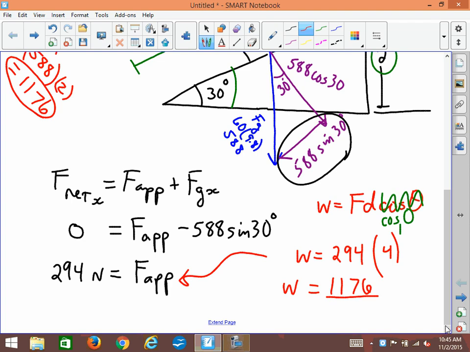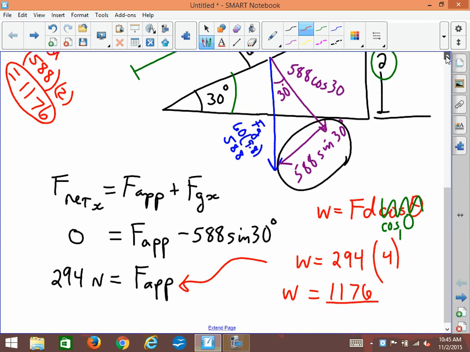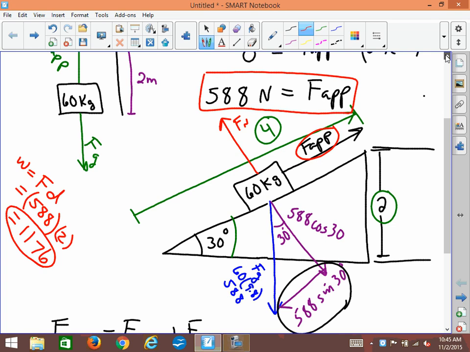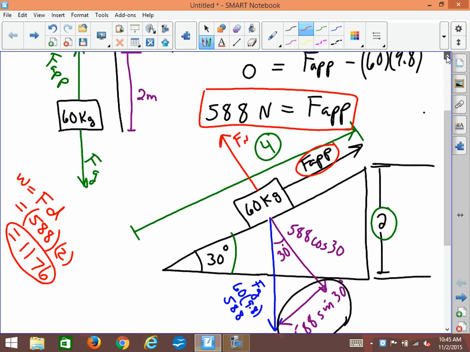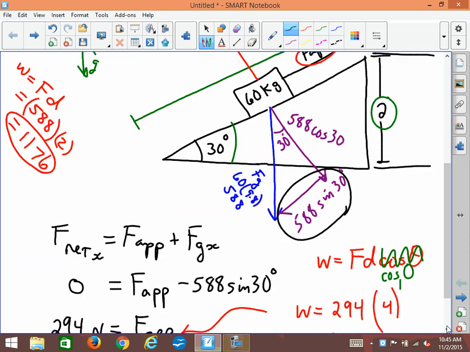Kind of makes it seem pointless, doesn't it? But that's not what ramps are for. Of course we did the same work. We ended up with a box 2 meters higher than when we started. But what was different was, and here's the reason for using the ramp, in the first case, the applied force that we had to use was 588 newtons of force.